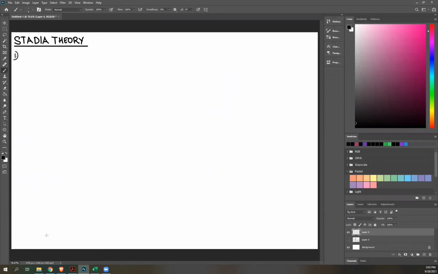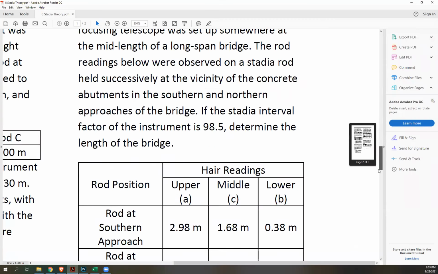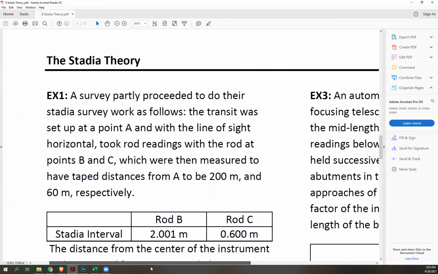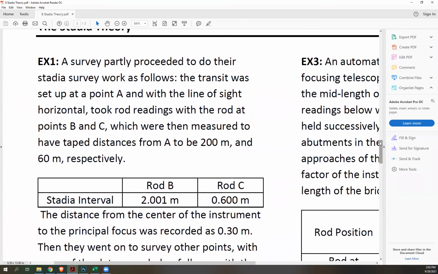So number 1. A survey party proceeded to do their Stadia survey work as follows. The transit was set up at point A, and with the line of sight horizontal, took rod readings with the rod at points B and C, which were then measured to have tape distances from A to B of 200 meters and 6 meters, respectively.